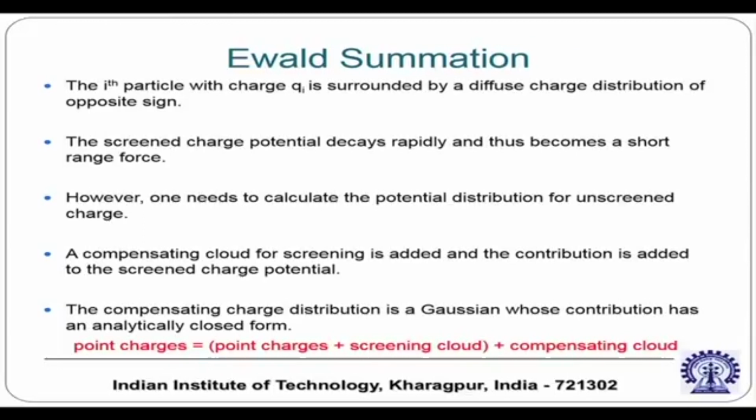A compensating cloud for screening is added and the contribution is added to the screened charge potential. The compensating charge distribution is a Gaussian whose contribution has an analytically closed form. So point charges can be equivalently represented by point charges plus a screening cloud plus a compensating cloud that compensates the screening.